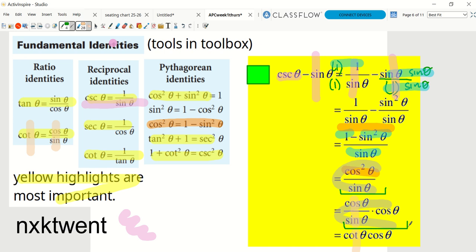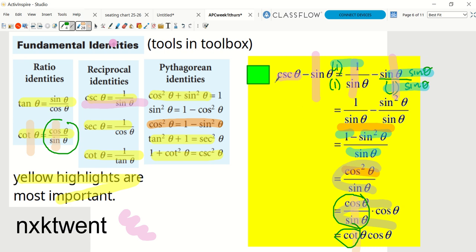Just you separating out, expanding the squared. Cosine squared, I mean. Are we good? Yes, no, maybe. I just expanded this to that. Now, what is cosine over sine? Exactly. And then we're done.